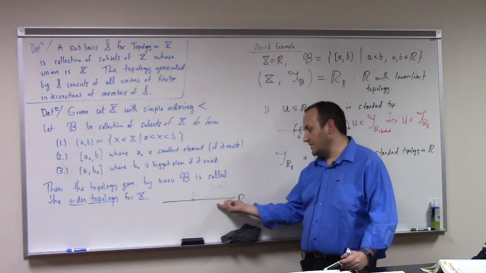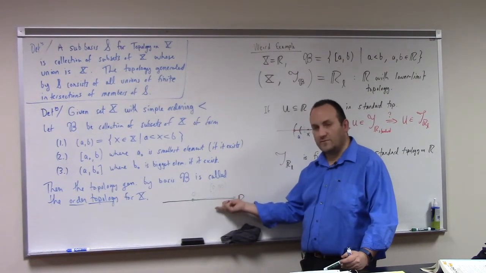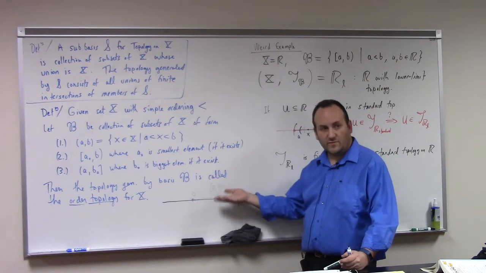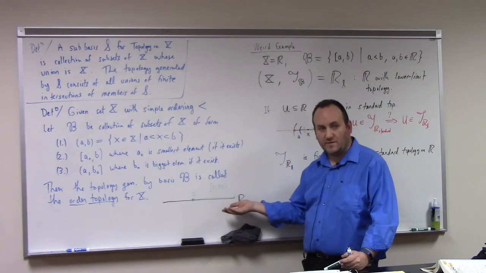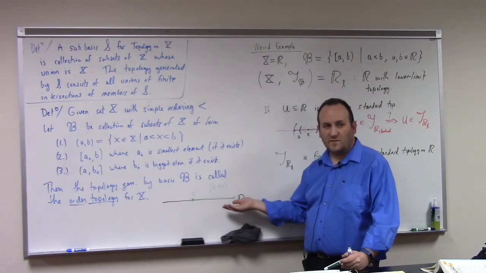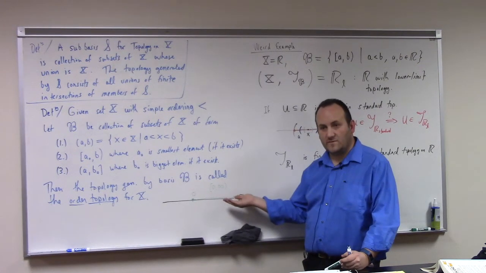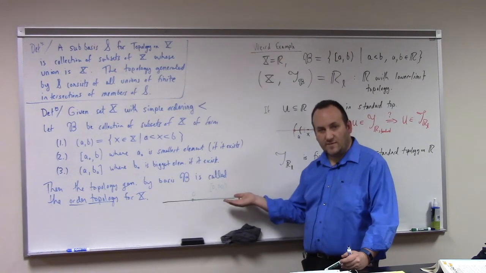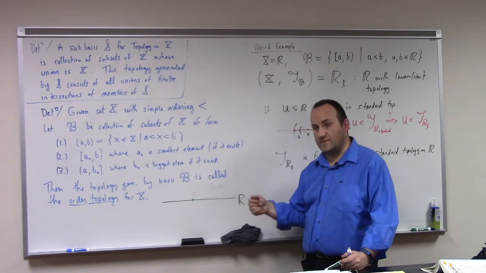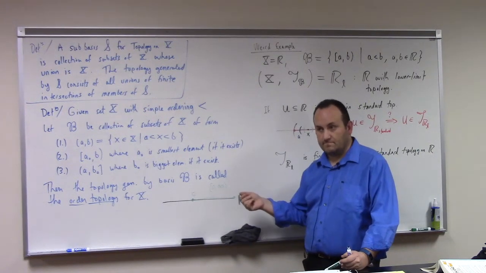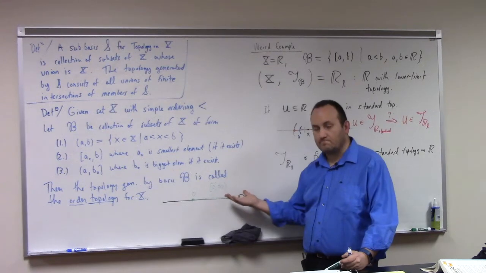Those are what you get from intersecting the non-negative reals with the usual basis of open intervals for the real topology. This is a theorem: if you take a basis for a topological space and you intersect the basis with the subspace, it gives you a basis for the subspace topology. That's what I'm using.